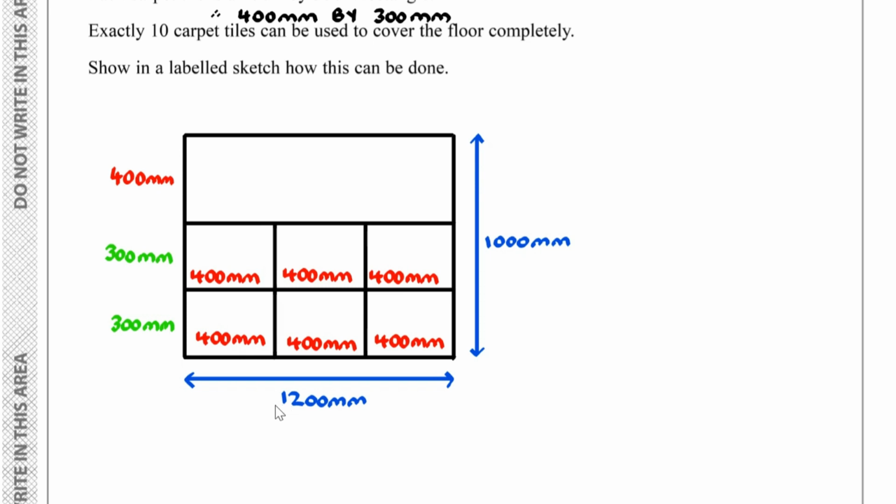And here we've got 1200, and if I do 1200 divided by the 300, I would have 4. So here we could have the 300 being multiplied by 4 to make the 1200. So this is an arrangement of how we could put the 10 carpet tiles on the floor.